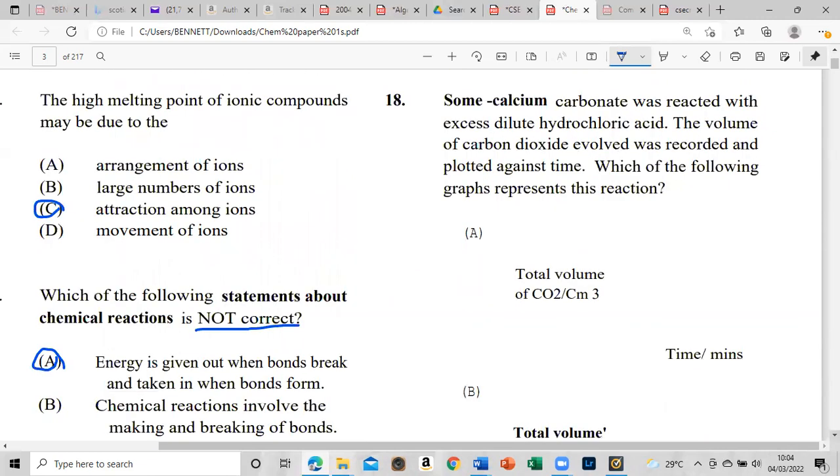Number 18. Some calcium carbonate was reacted with excess dilute hydrochloric acid. The volume of the carbon dioxide evolved was recorded and plotted against time. Which of the following graphs represents this reaction?